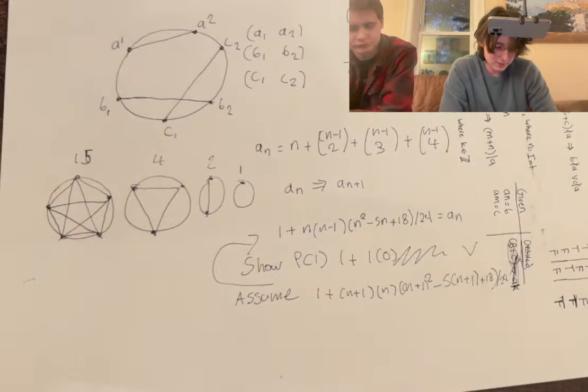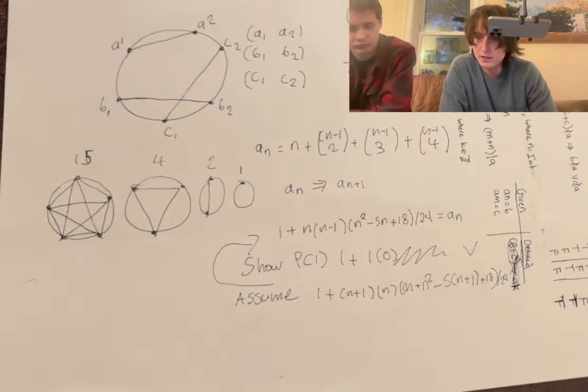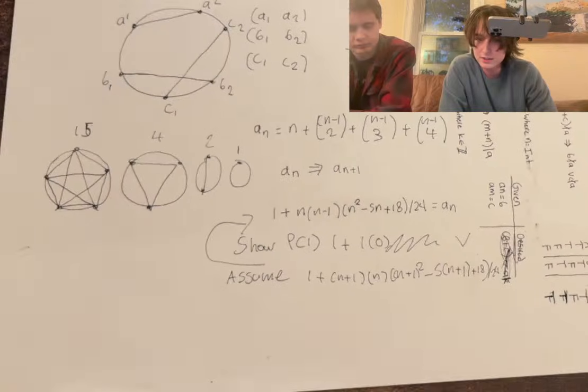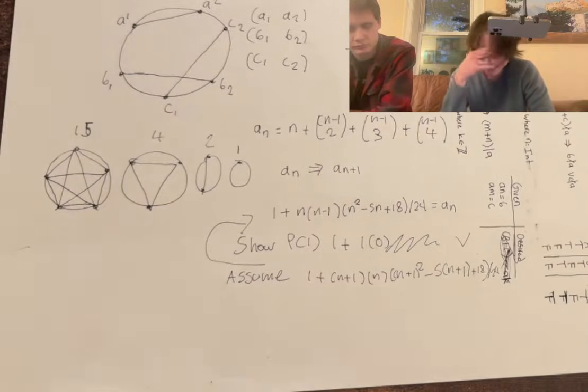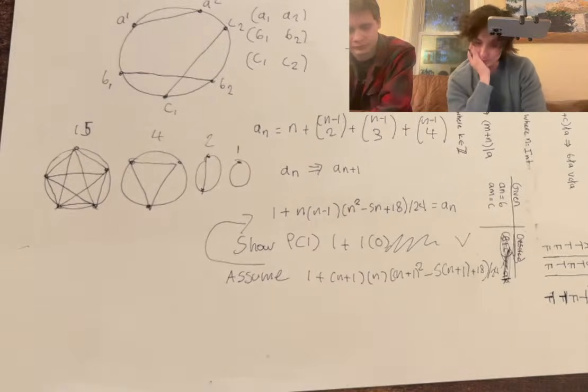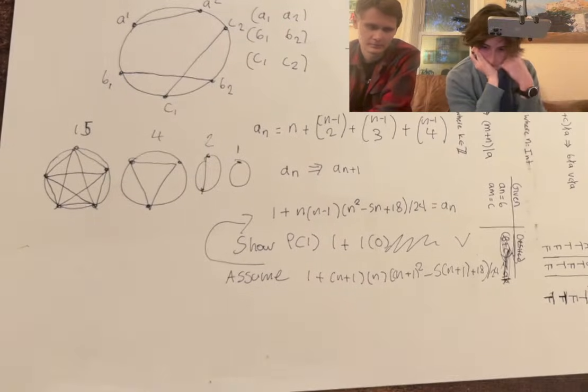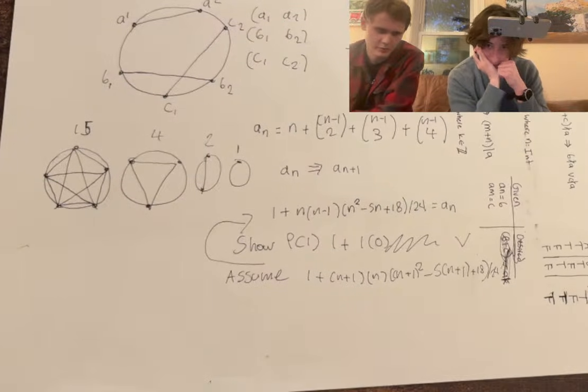Looks like it's doubling up until it jumps to 15. What? So there's some amount. Yeah, so I'm not sure how we can construct n plus 1 from n.